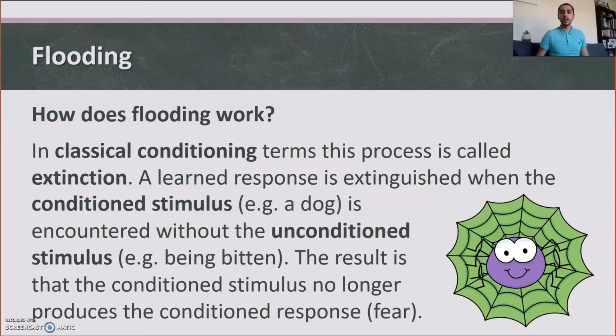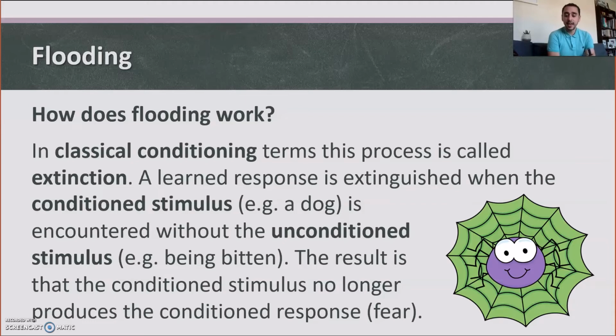So, let's say I've got a fear of bees, okay? My fear of bees stemmed from the time when I got stung by a bee, right? Previously, bees were a neutral stimulus. I didn't have a problem with bees, right? But following an incident, I got stung by the bee.